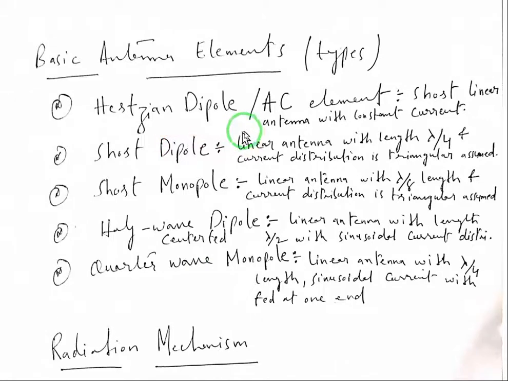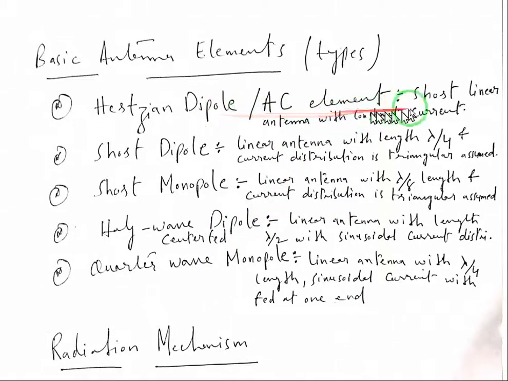Number one is the Hertzian dipole, the alternating current element. As told before, they are categorized under three properties: length, current distribution, and their feed mechanism.